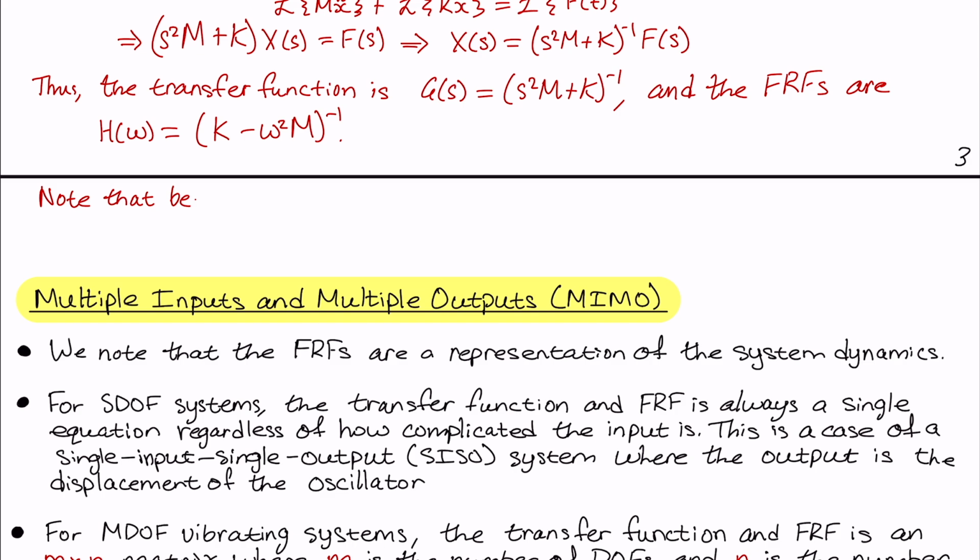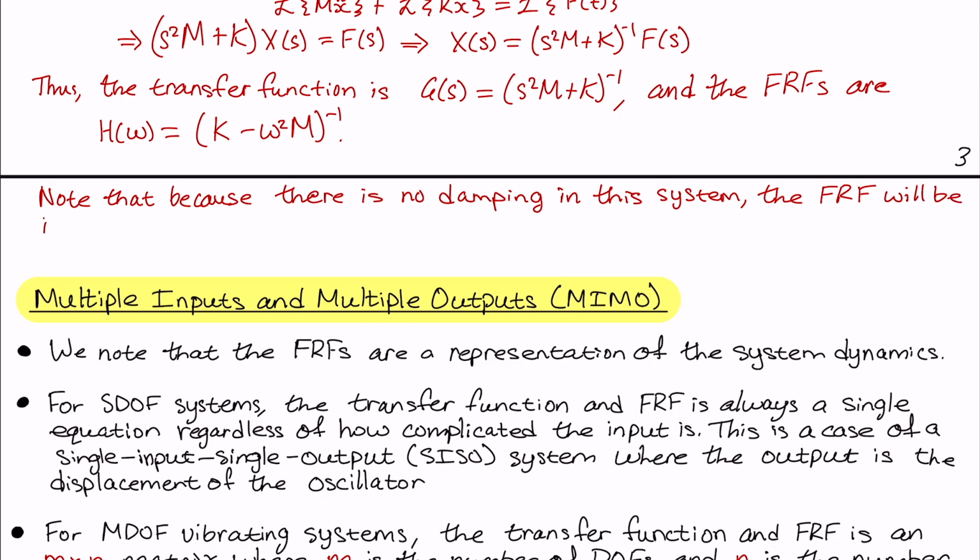So we note that because there is no damping in the system, the FRF will be infinite when omega is equal to omega sub n, where n here is equal to 1 or 2.